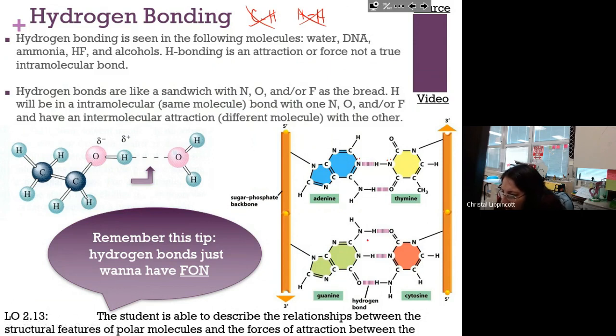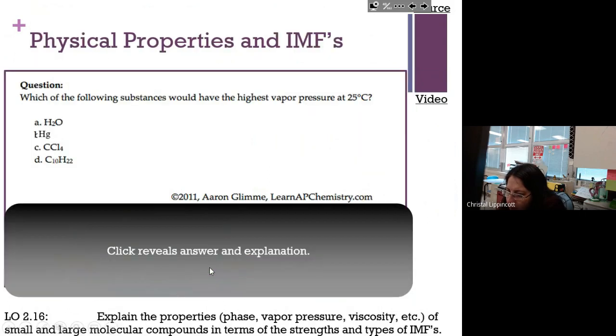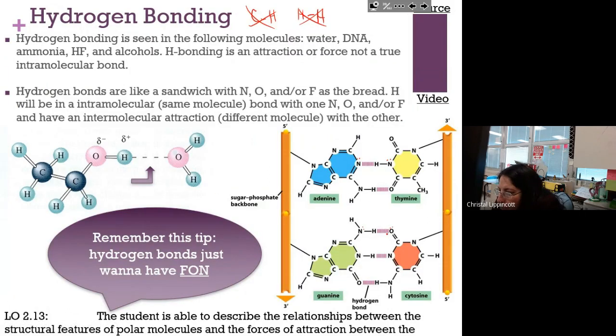Here you've got a hydrogen attached to a nitrogen with lone pairs of electrons, and then you've got an oxygen over here. This is hydrogen bonding. Hydrogen bonds just want to have fun.